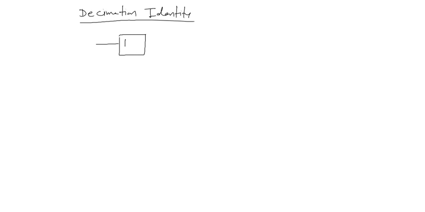Okay, so there are some noble identities. First I will write the decimation identity. The decimation identity says that you can interchange a decimator block, but when interchanging it you have to be very careful.